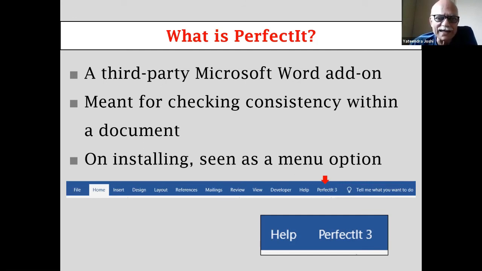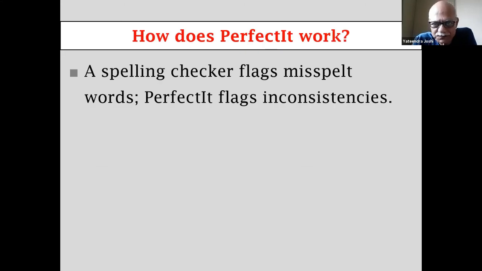So the file that you need to check, the docx file, you should have that file open. And then you should click on Perfectit. Now, I have Perfectit 3. I'm sure whichever version you have, it will show that. So once you click on that, it will start its job.